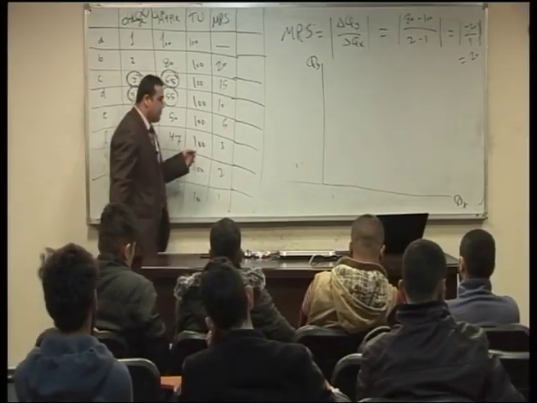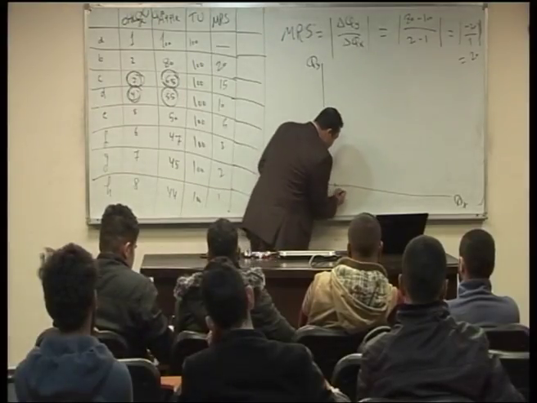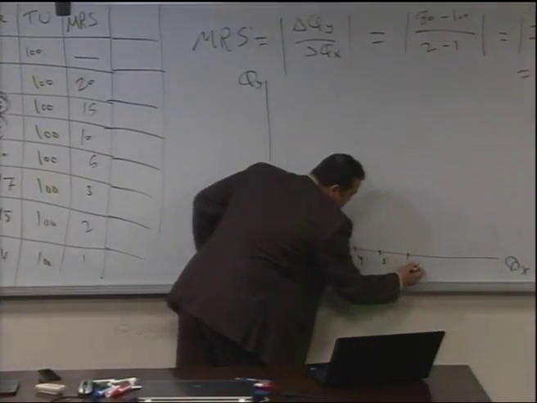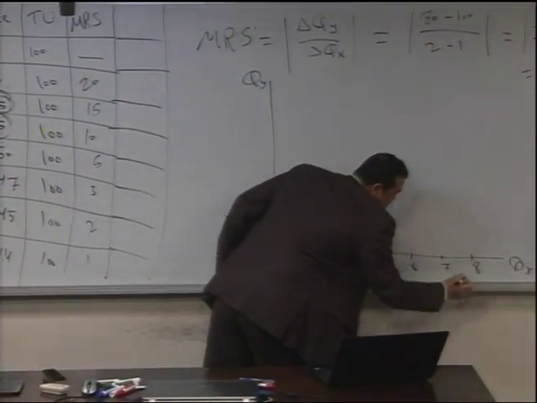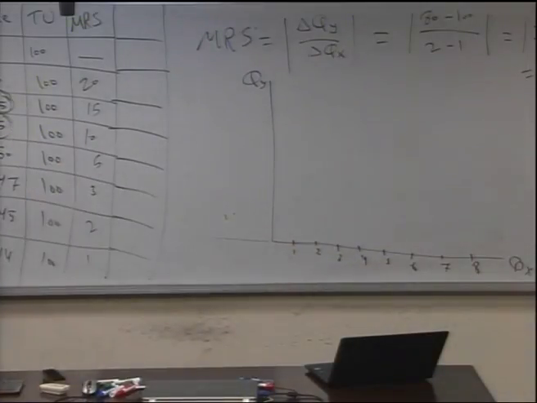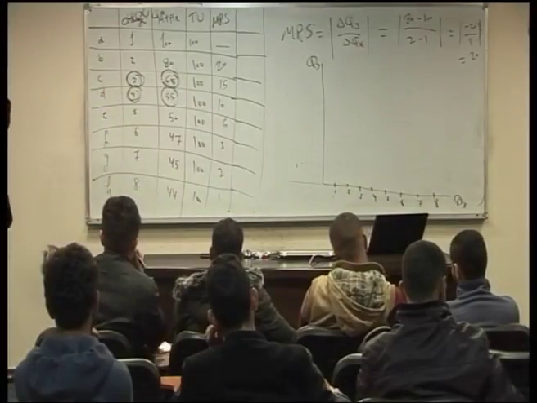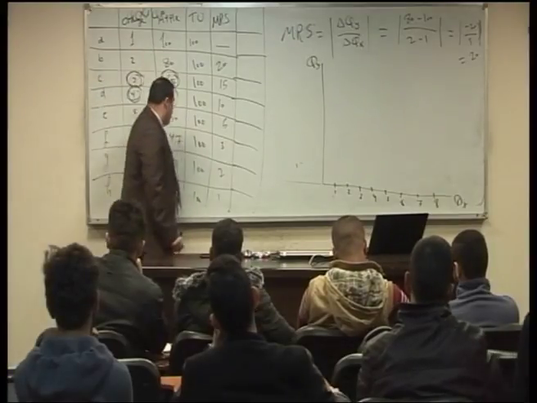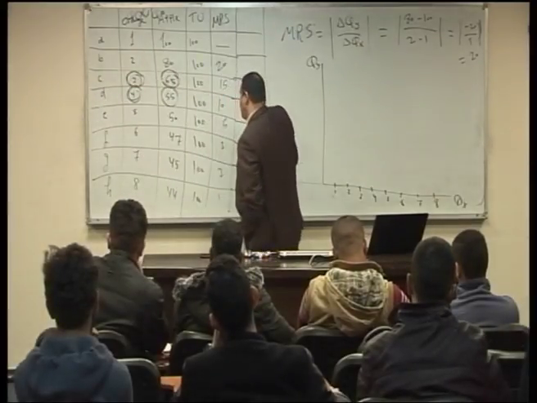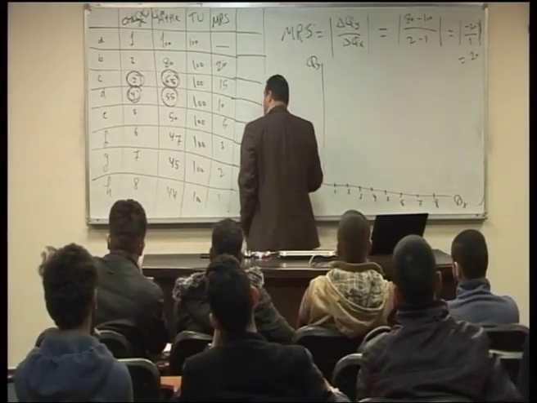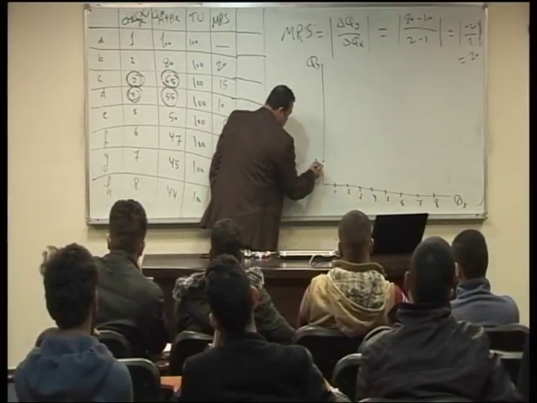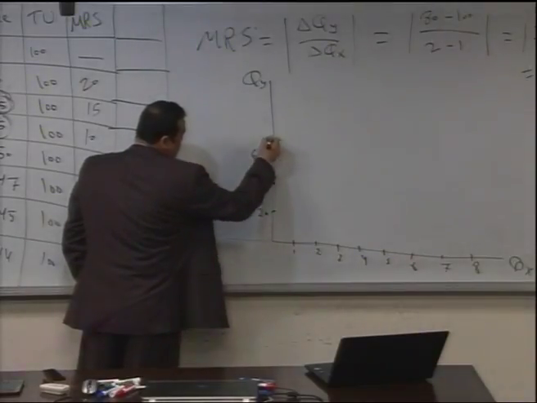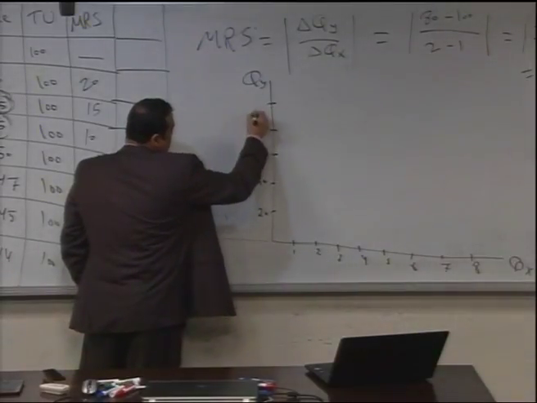On the horizontal axis X: 1, 2, 3, 4, 5, 6, 7, 8. And on the vertical axis, from 44 to 100, we can classify it as 20, 40, 60, 80, 100.